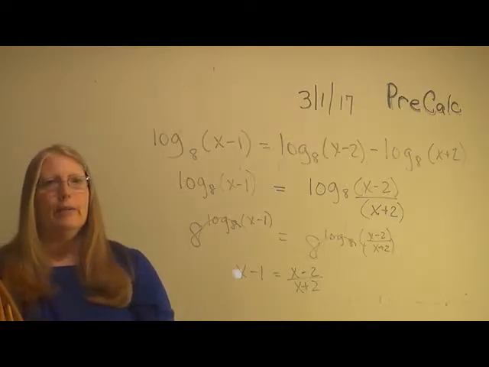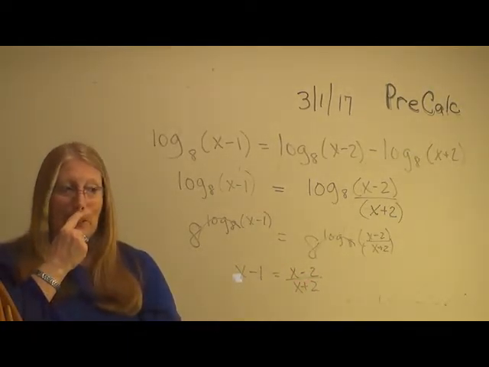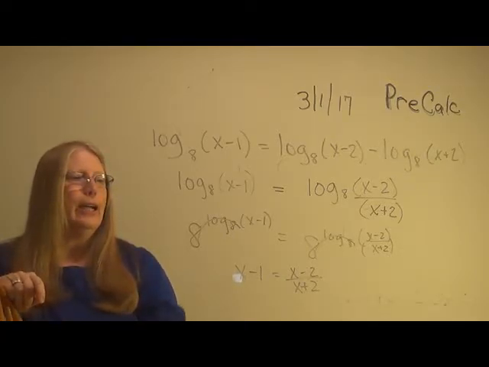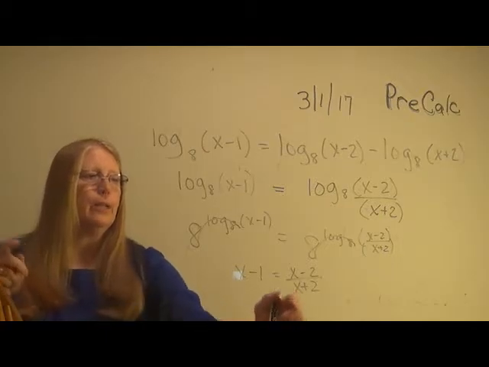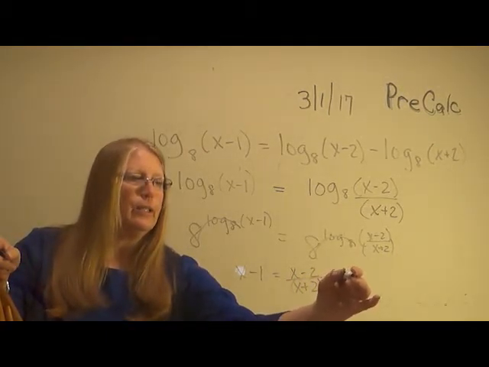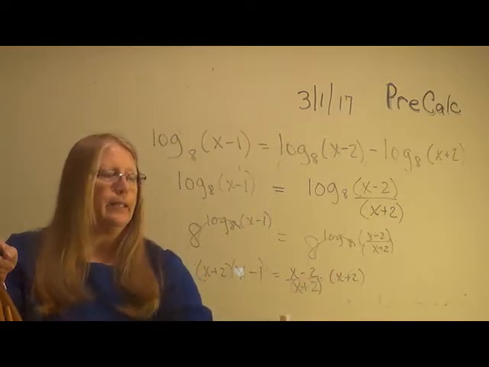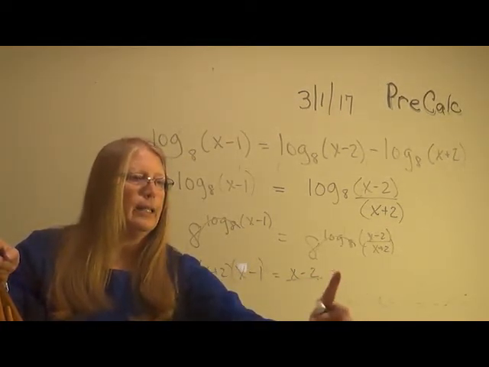Alright, now we have an equation where we just have to follow our mathematical nose. So I have x minus 1 equals x minus 2 over x plus 2. So I'm going to multiply both sides by x plus 2. So that cancels from this side. To save room, I'm just going to erase it.